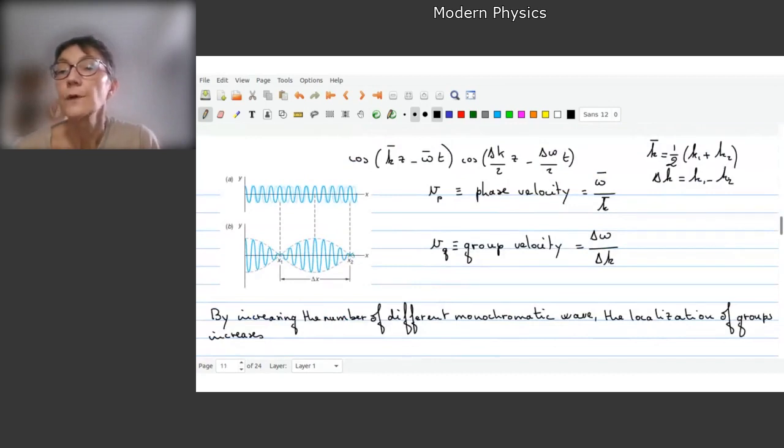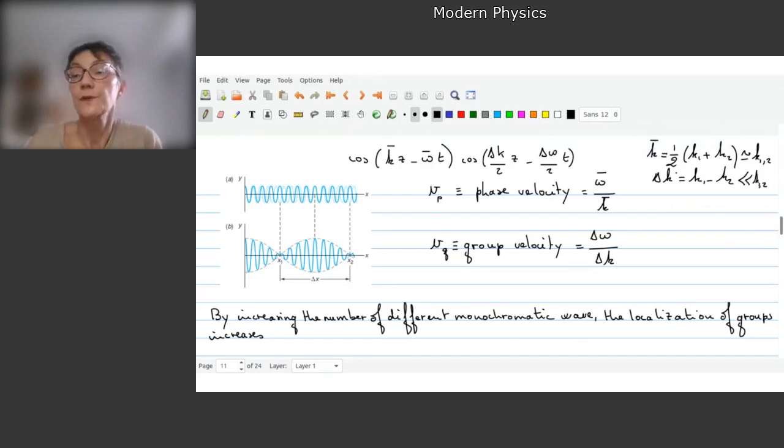And so you see the order of magnitude of this wave number will be the same as k1 or k2; it lies between the two of them. And this one is the difference. As these two wave numbers are quite similar, this will be much smaller than either of them.